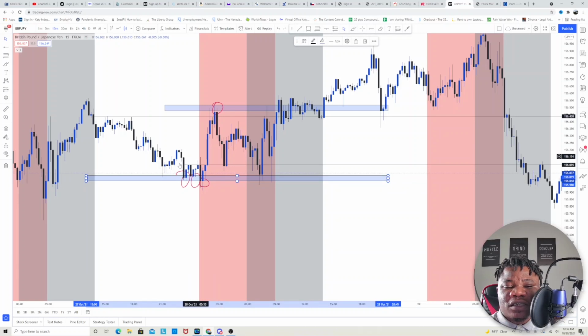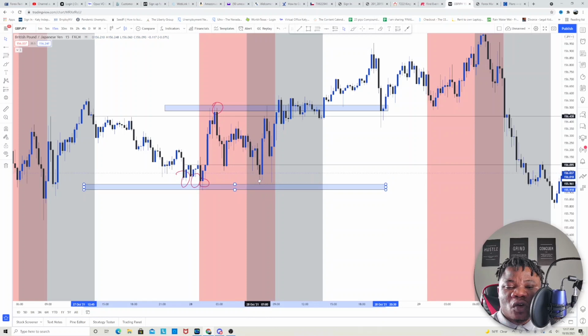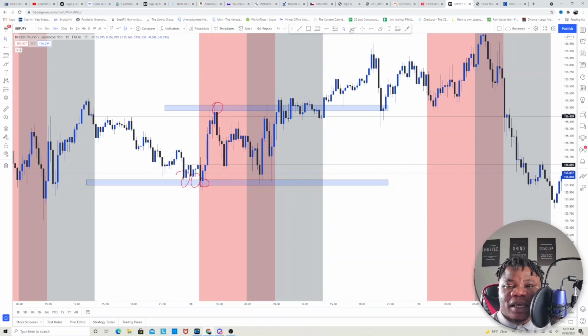Now during London session, during Asian session, and then during New York session, what did price do? Price came back and retested that same zone. Let me make sure I do this correctly. So price came back and retested that same zone again.